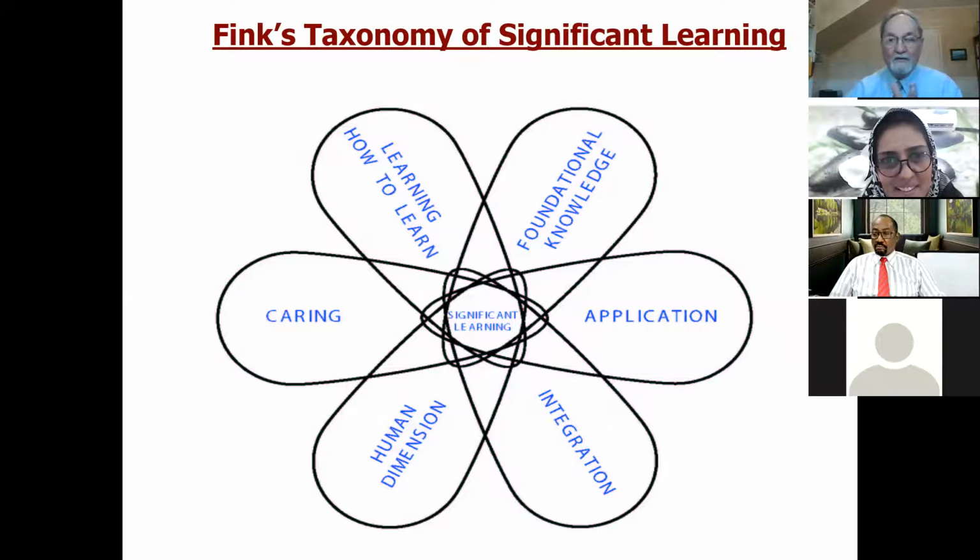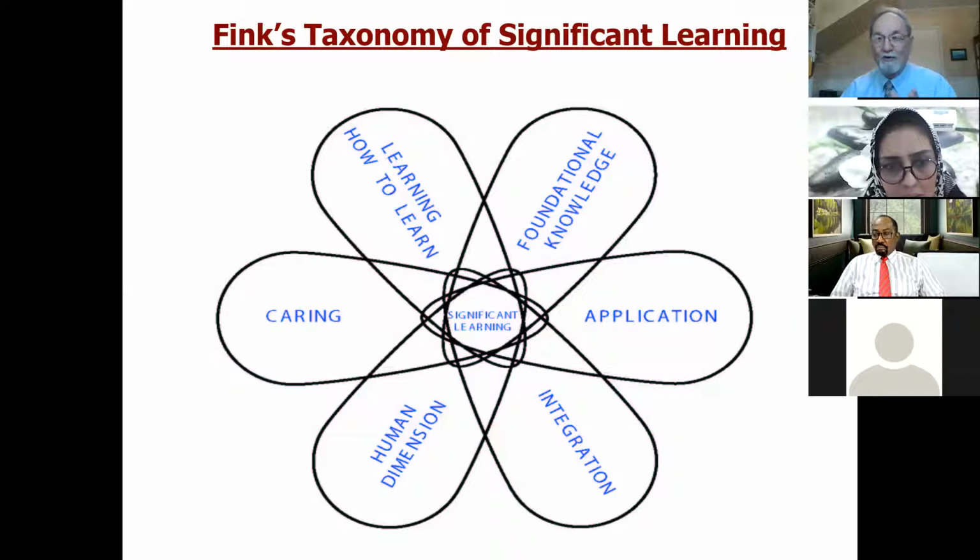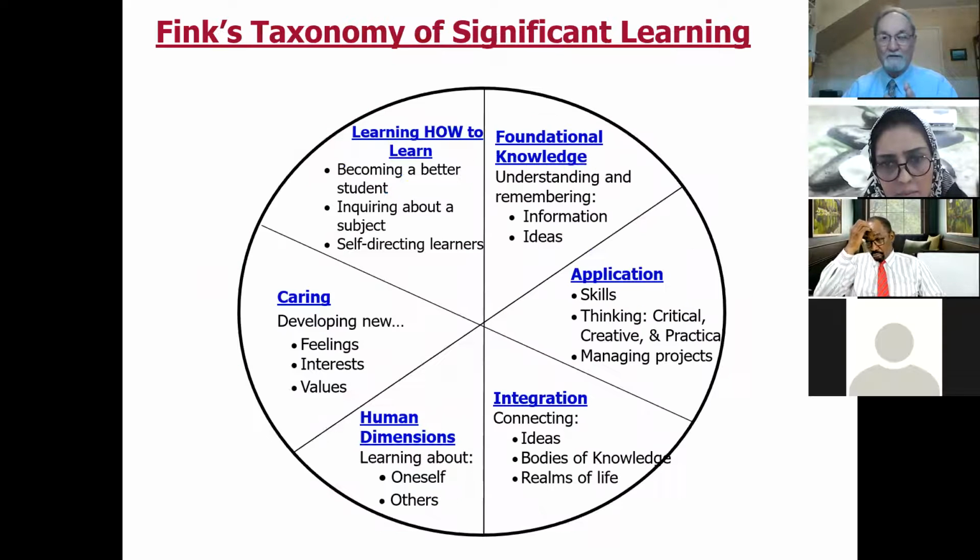I'm going to go around this diagram, starting at the top right-hand side with foundational knowledge. I call this the electron model, if you will, because it's a little bit like electrons circling around each other and creating a lot of power. But I also saw the need to create this pie chart version, where I can show the next level down.